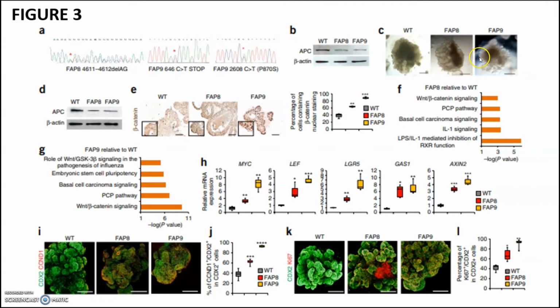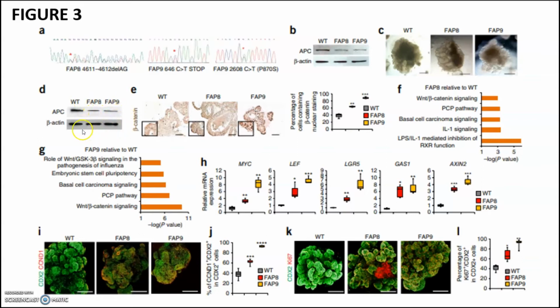And then when we move to figure 3D, we still see an enhanced expression of APC in the wild type, and a decreased expression of APC for FAP8 and FAP9, which still showed that there was enhanced cell proliferation.